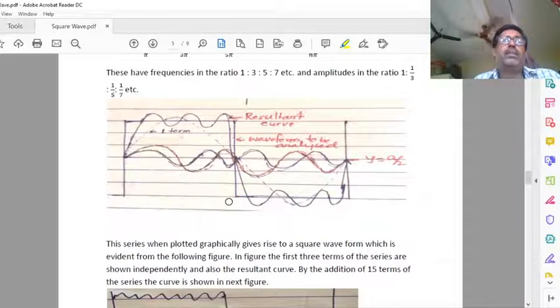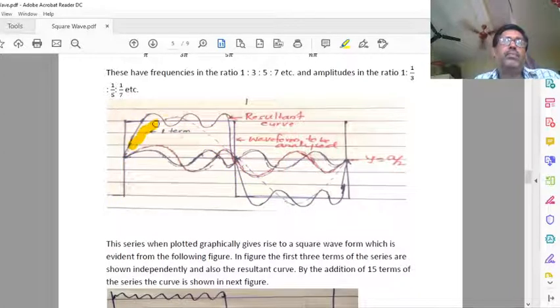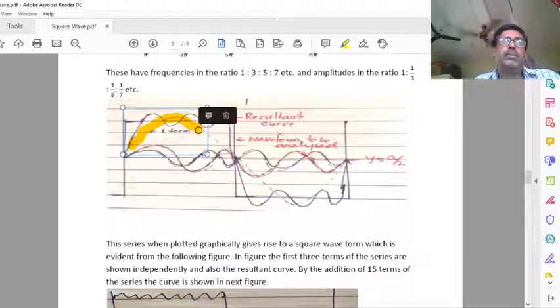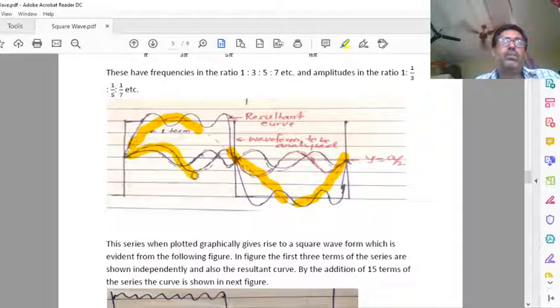And if we represent it through a graph here, this is one term, this dotted portion, this one, and second is here, this one, and third is this part.